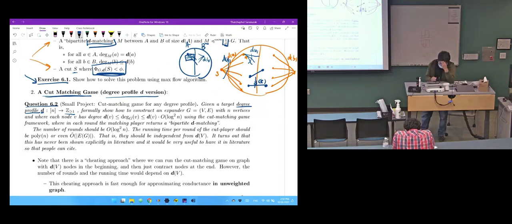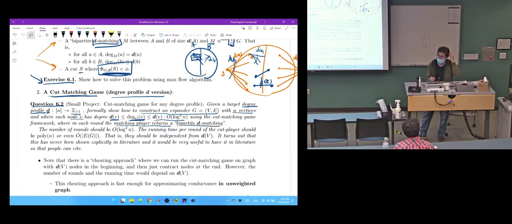I want to ask you to show how to construct an expander with n nodes, such that each node has degree at the end close to D with a log square factor, using the cut matching game, when the matching player returns a bipartite D matching in each round.